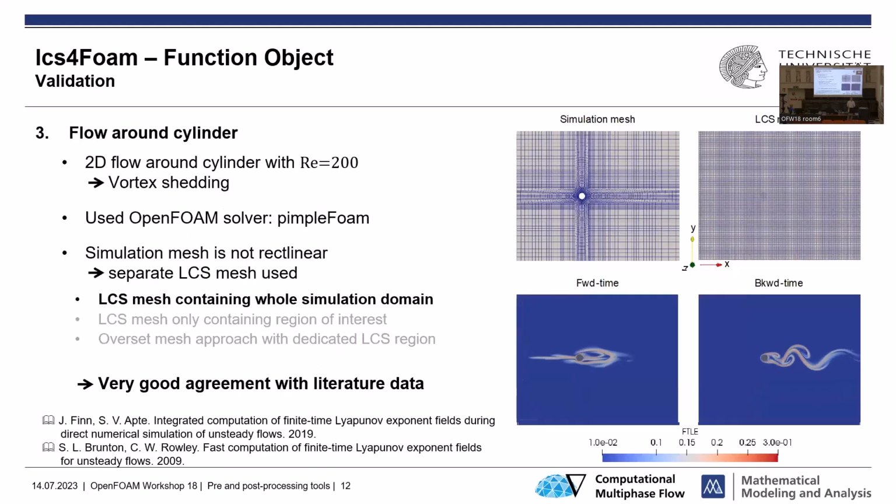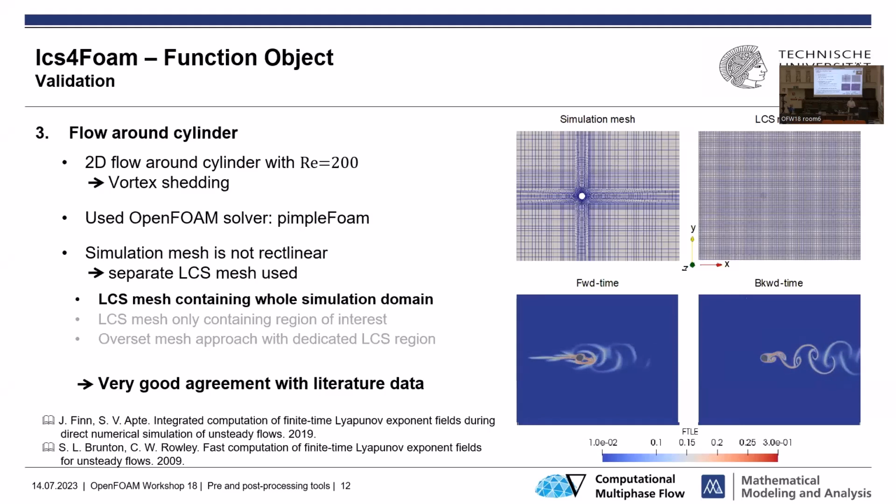Then, as a next validation test case, we also validated against the flow around a cylinder. Here, because of the cylinder in the center of the mesh, it is not a rectilinear mesh, and therefore we use a separate LCS mesh, which for the first trial covered the whole domain.